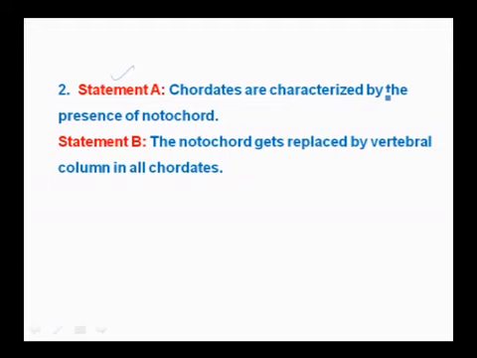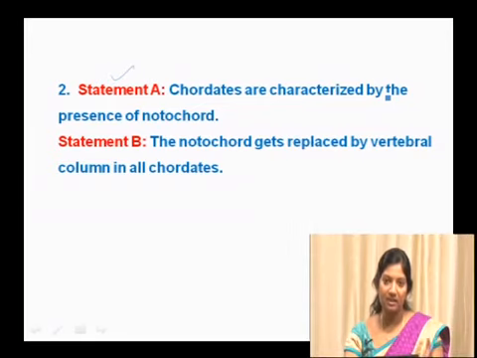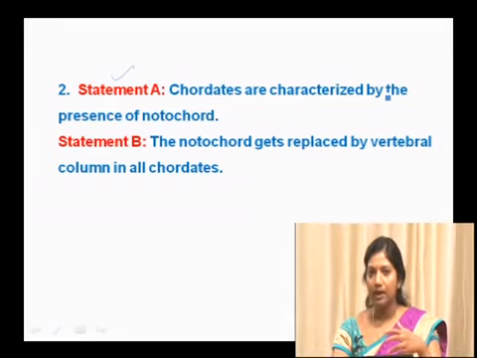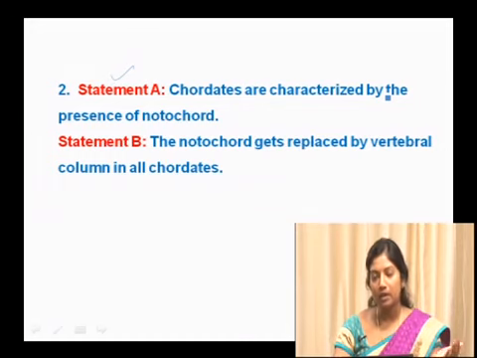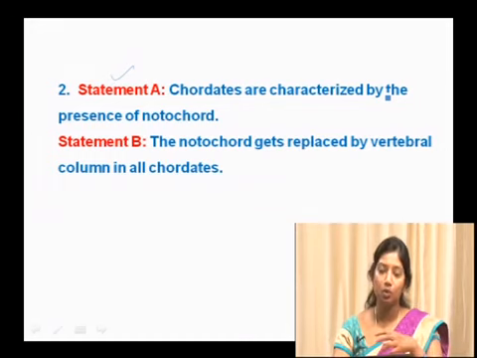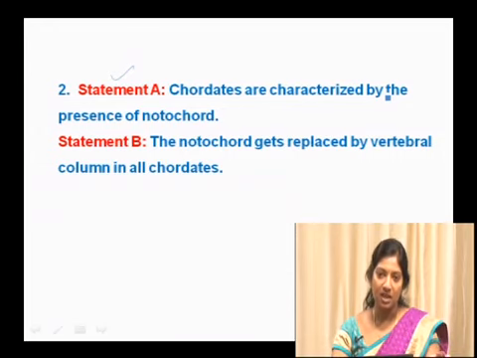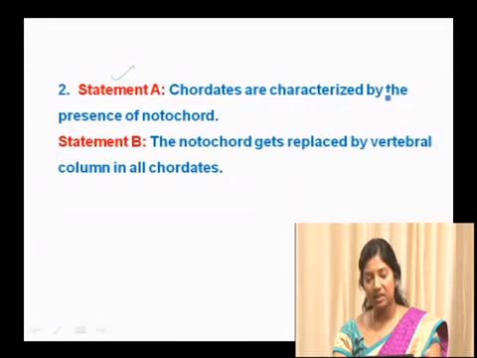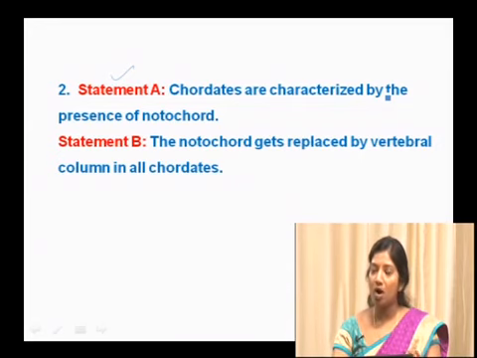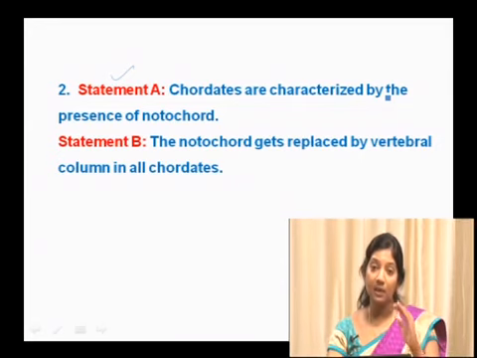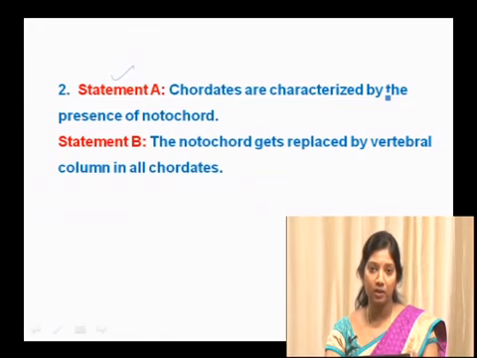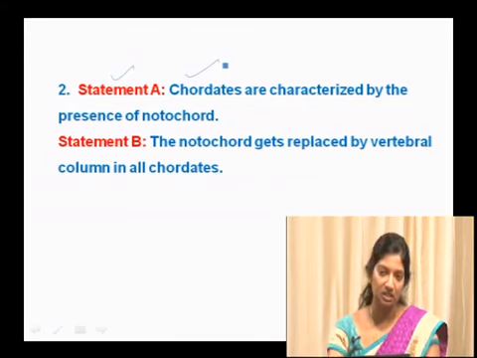Any organism which shows the presence of notochord in its life cycle, though it may be in a small restricted part, or throughout its body, or only in the initial stage and later it may disappear, if notochord is present in its life cycle, then such organisms are classified into the phylum called Chordata.